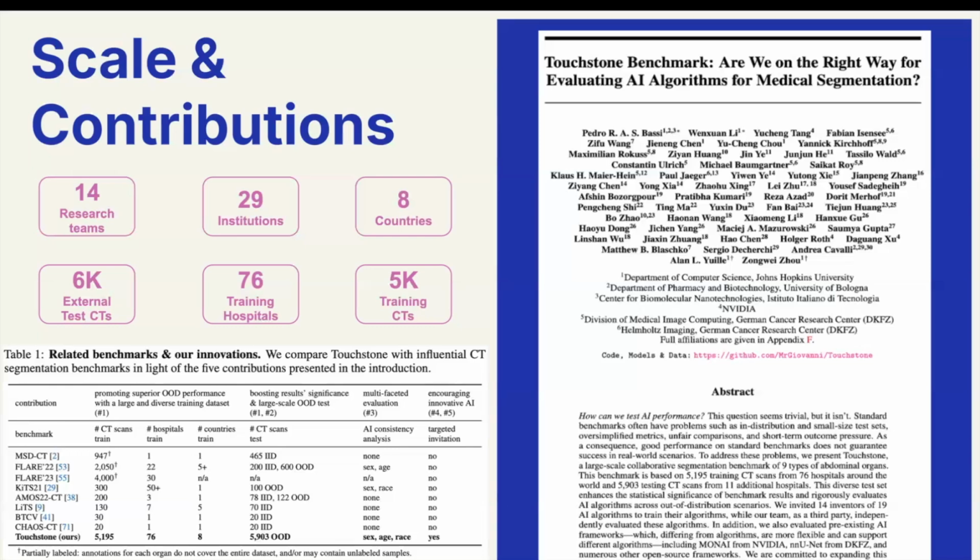And we have a really diverse set of models in this benchmark. So we have transformers, we have convolutional neural networks, we have hybrid architectures, we have architectures that use stable diffusion to do segmentation. We have graph-based neural networks. We have multiple frameworks. We have networks based on the nnU-Net framework, networks based on the MONAI framework, and networks with their own framework.